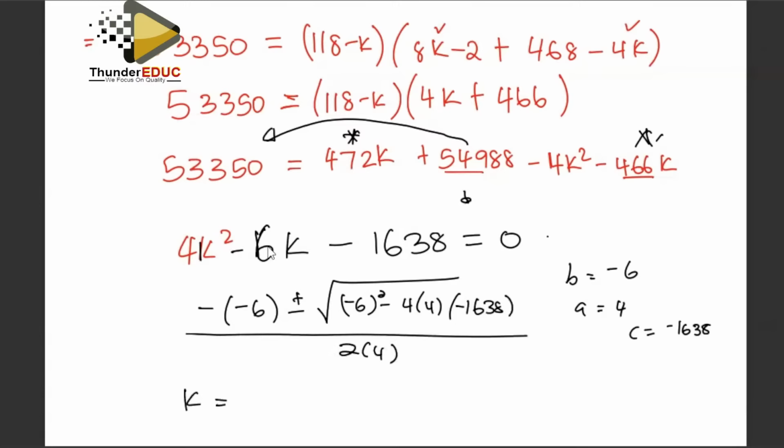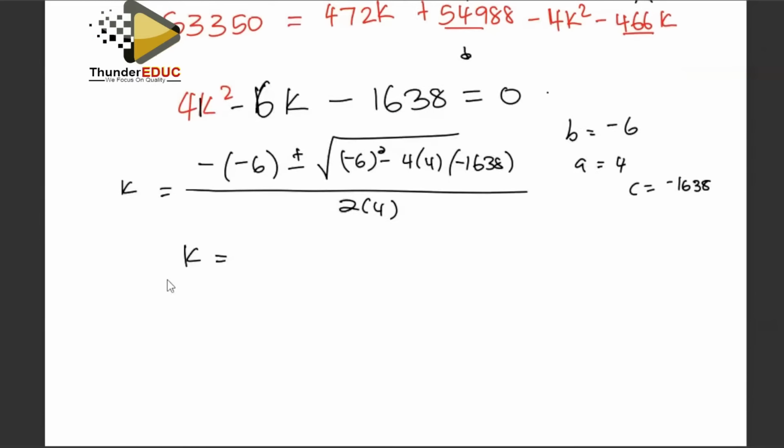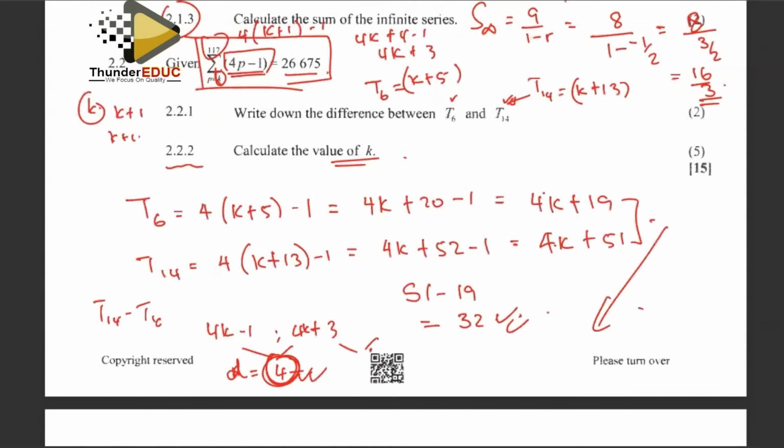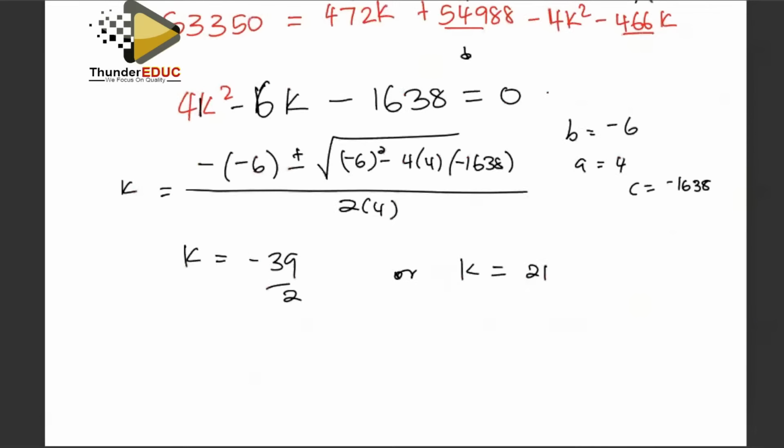So the first K value that I'm getting is a negative 39 over 2, or K becomes a 21. Now, since K is more like a position that we're focusing on, this is not applicable. So this is not a solution, so no solution, and then the final answer becomes 21.